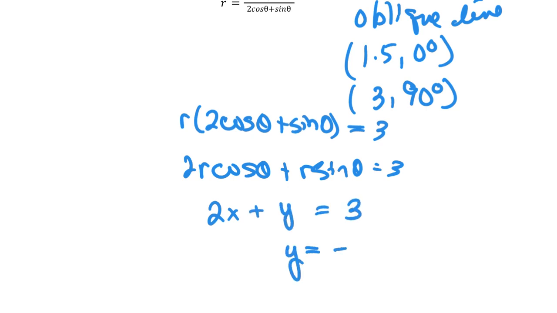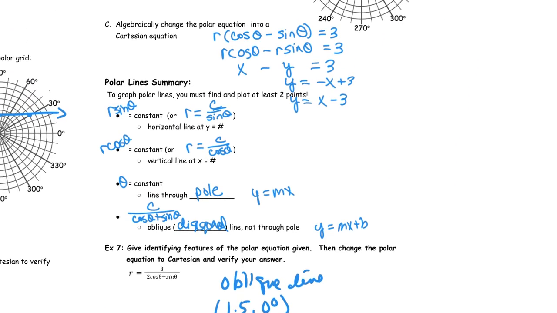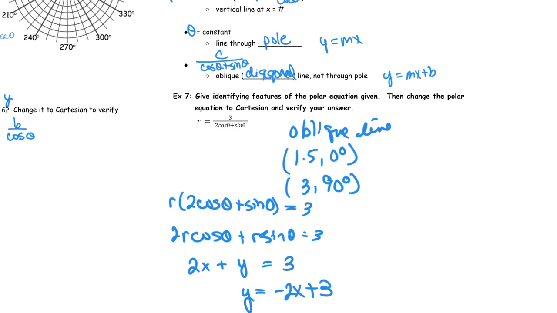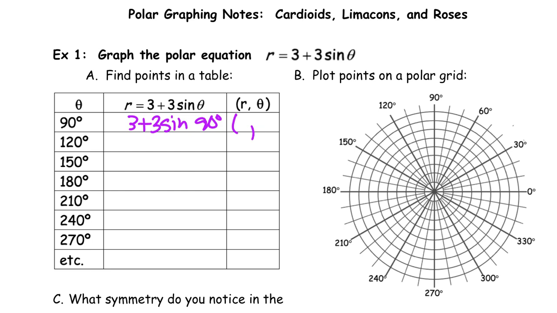So y equals negative 2x plus 3. That's about right. We okay with that? Questions, problems with that? Everybody agree?